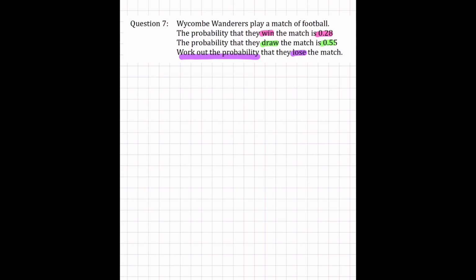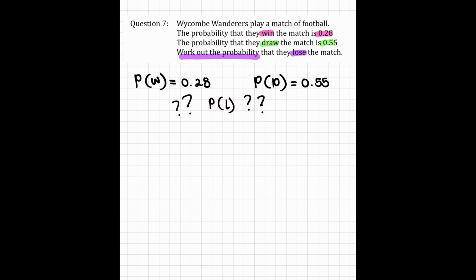So we have the probability of them winning being 0.28. We have the probability of them drawing the game as 0.55. So we want to know what is the probability that they lose the match.